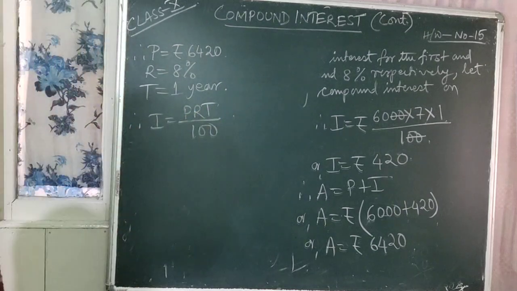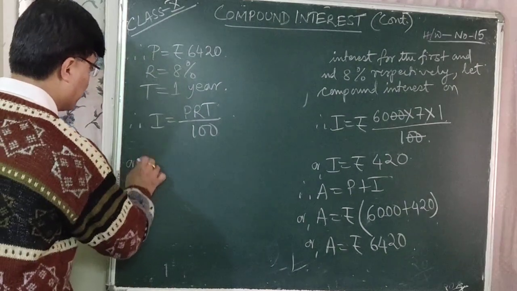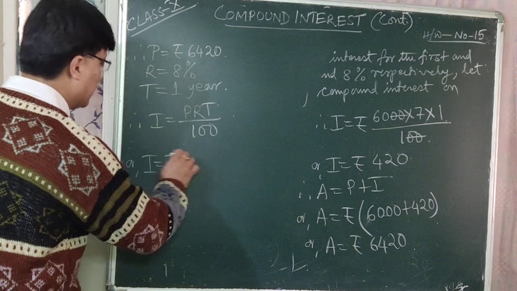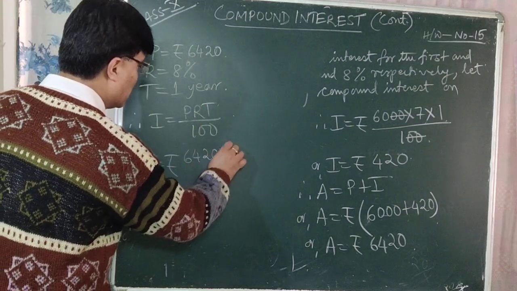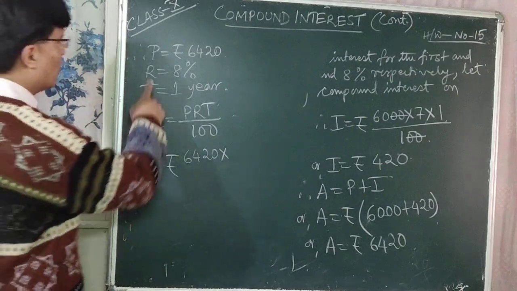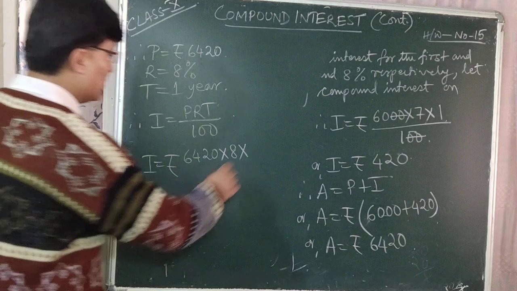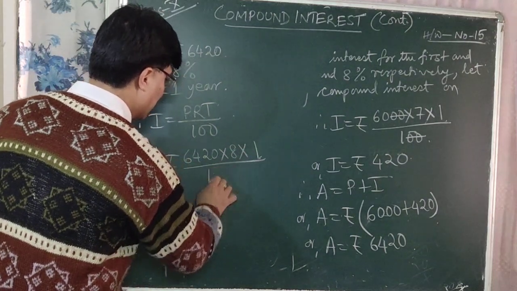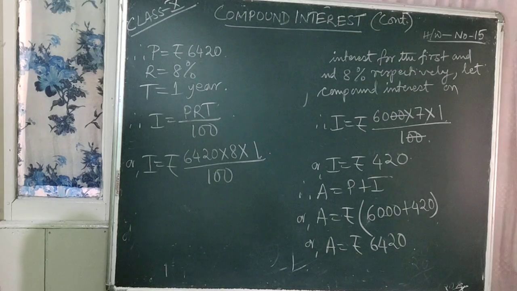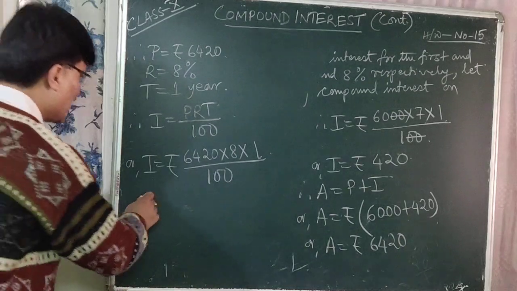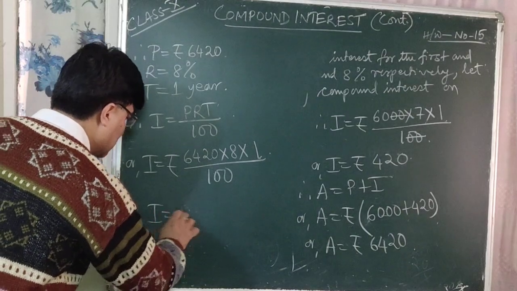I is equal to rupees 6420 into 8 into 1 divided by 100.